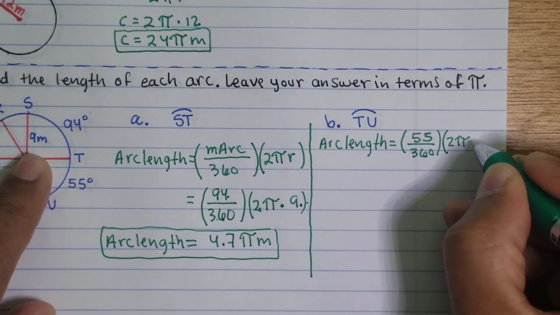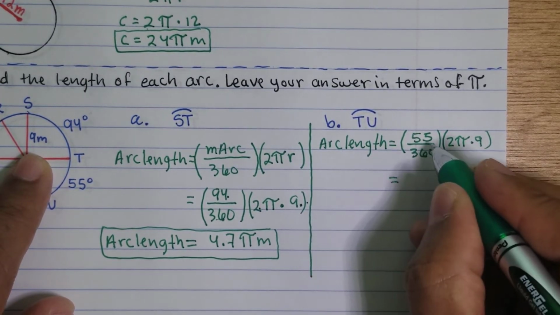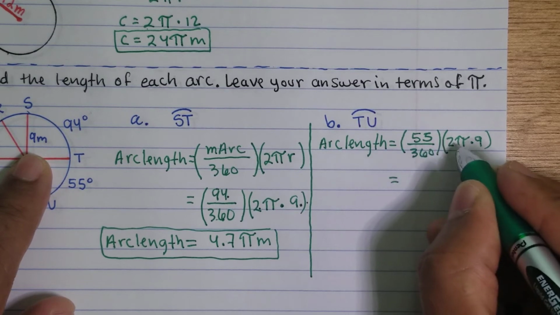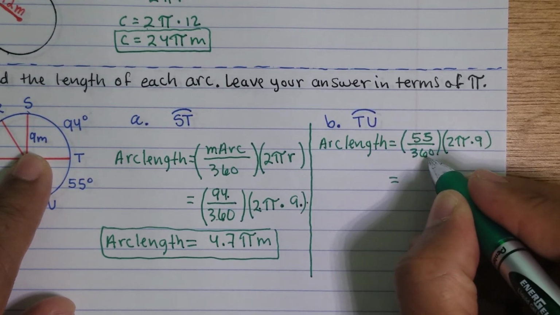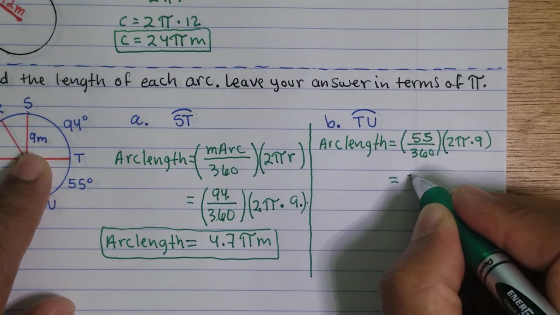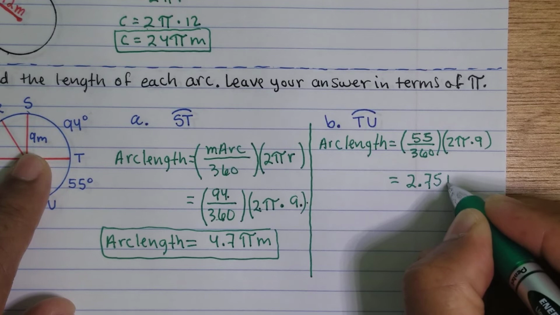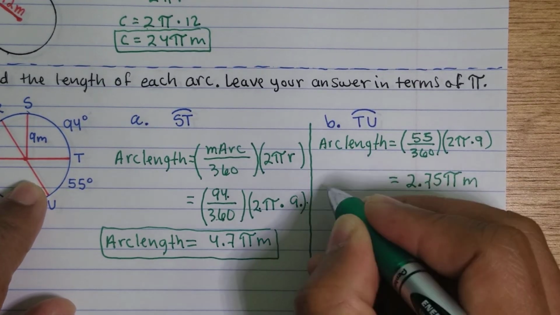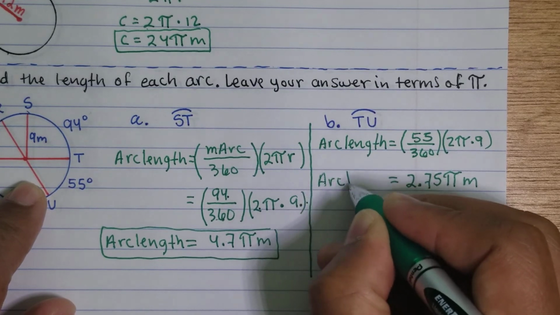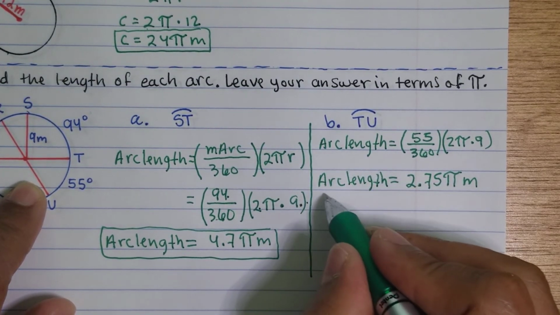The radius is 9, so times 9. Then this is equal to multiplying 55 times 2 times 9, and then dividing that by 360, and that gives you 2.75 pi. And again, this is meters. So the arc length is equal to 2.75 pi meters.